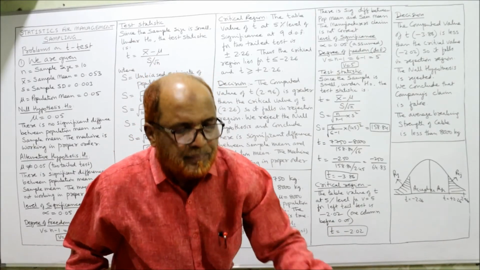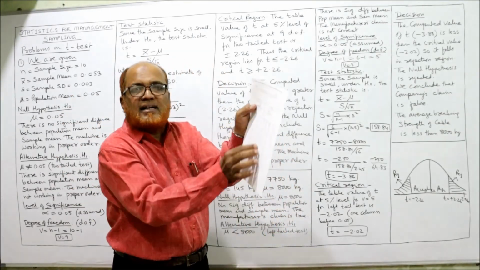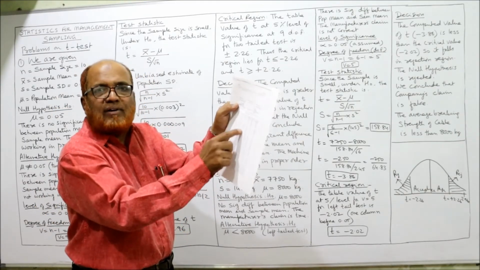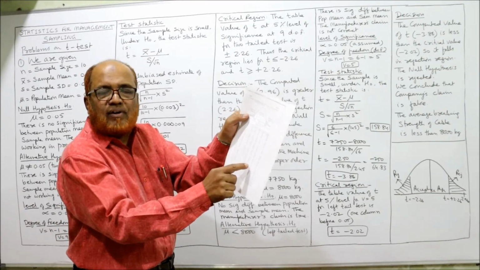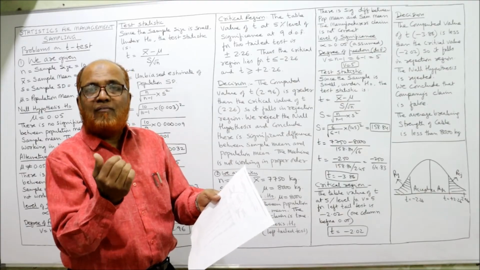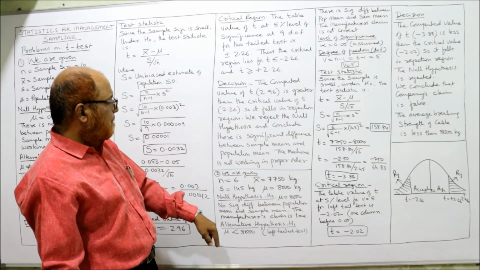There is a difference here. If it is a two-tailed test, take the concerned column: if 5% is given, take the 0.05 column. But if it is a one-tail test, you take one column before. So what is the degree of freedom here?